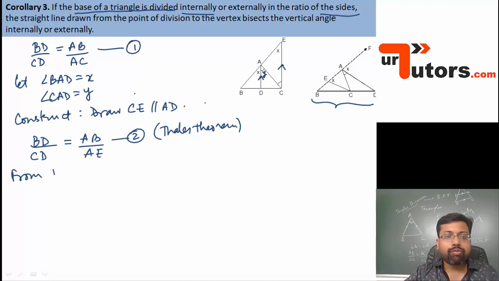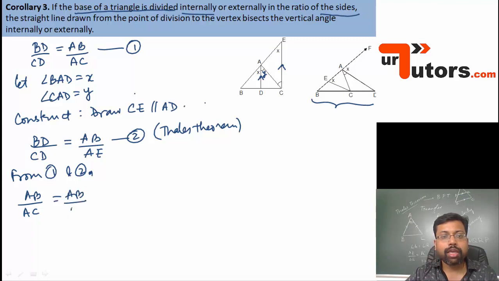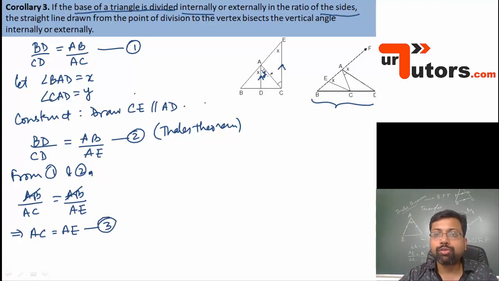From 1 and 2 we see that the left hand sides are equal. So you have AB by AC equal to AB by AE, equating the right hand sides because the left hand sides are equal. The numerator gets cancelled out, so you have AC equal to AE.